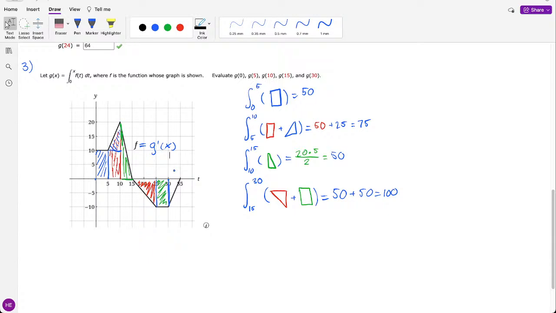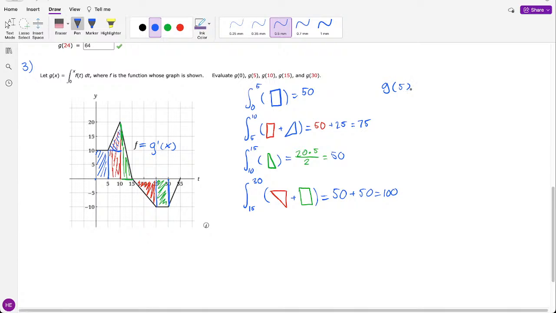Which is interesting. But that's fine. So in other words, that means when you take g of 5, that will equal the 50, right? Just like we found here. But when you take g of 10, you have to add the 5 to the 10 that we found here.